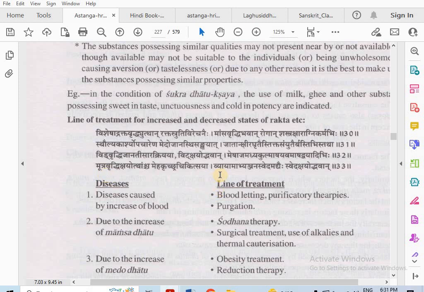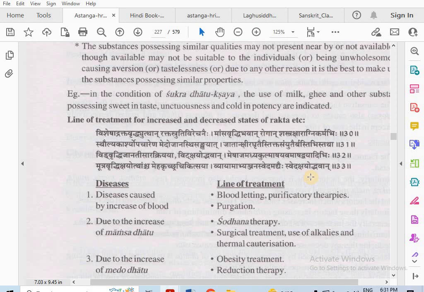Now, vyayamabhyanjana sweda madhyehi sweda kshayodbhavan. Here they are talking about sweda, sweat, that is the mala. Sweda mala kshaya udbhavan: if sweat is decreased, udbhavan means the disease that occurred.